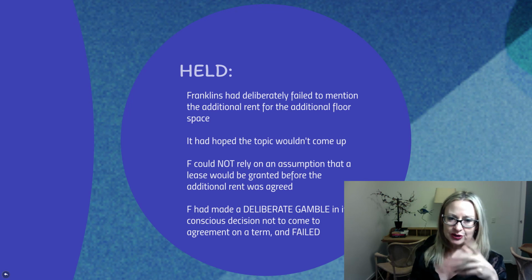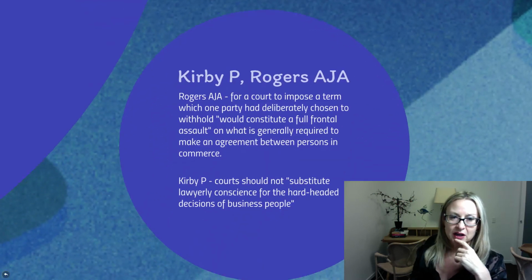Now, in those circumstances, Franklin's couldn't rely on an assumption that a lease would be granted because the rent for the additional floor space, which is a fairly significant issue, just hadn't been agreed. So essentially what had happened was Franklin's made a deliberate gamble in its conscious decision not to come to agreement on a term, that is the amount for the additional floor space, and they failed dismally.